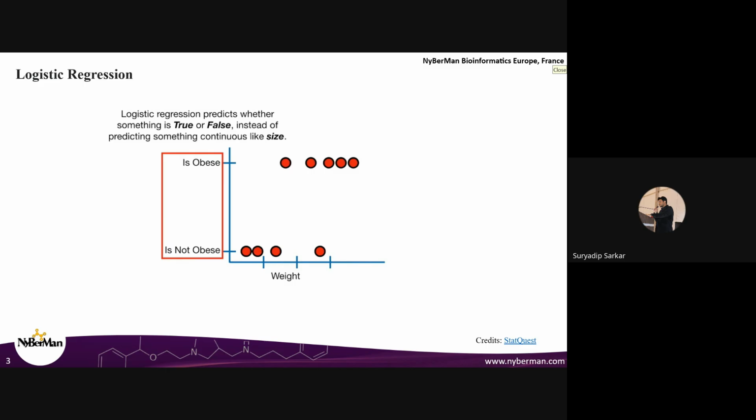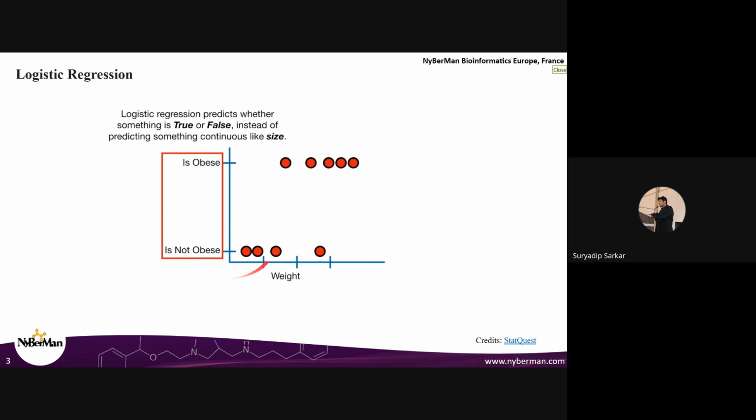Logistic regression is all about predicting whether something is true or false. As I said, it predicts a class and does not predict a continuous variable. A continuous or numerical variable is not predicted by logistic regression. Consider this example: on the x-axis you have weight, and on the y-axis you have whether these samples are obese or not obese.